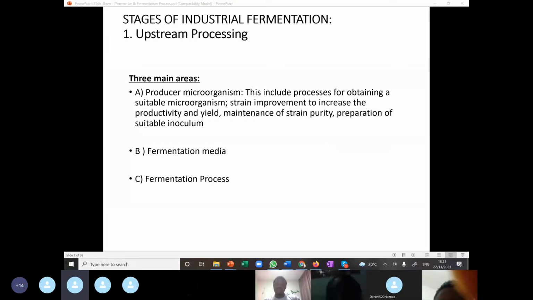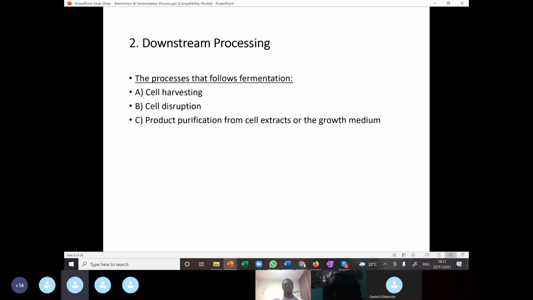It could be by direct mutation, it could be by genetic engineering, and so on. So we have to improve on this strain to make it tolerate temperature, to make it tolerate a high concentration of the end product, or to increase the yield of the desired product. So there's a lot we need to do.